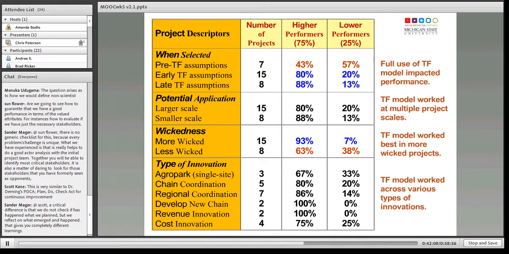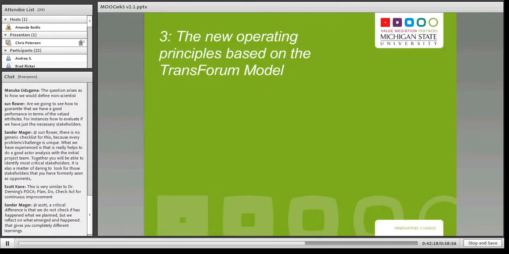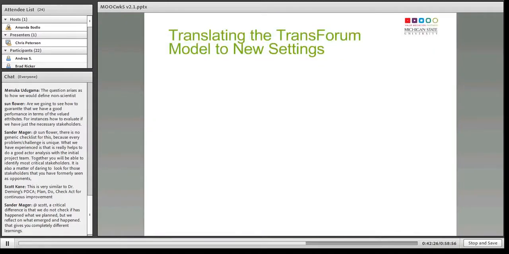So based on the research work here, what are then the new operating principles? Essentially what we need to begin to think about is how we translate the Transforum model into the new settings that you might wish to use in your own right.